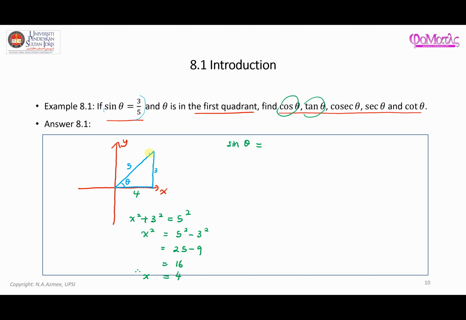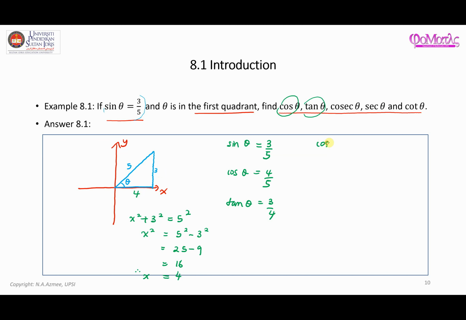The first quadrant is related to having y positive and x positive. Therefore, our sine theta here will also be positive, which is 3 over 5. Cosine of theta will be adjacent over hypotenuse, 4 over 5. And tangent of theta will be 3 over 4.